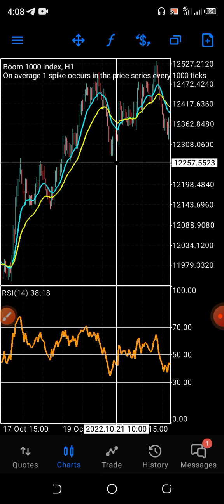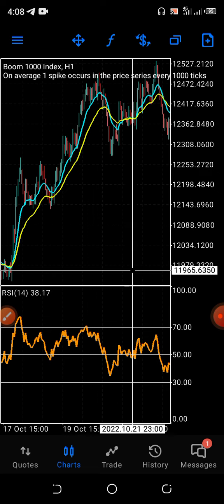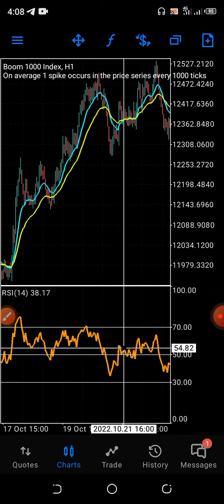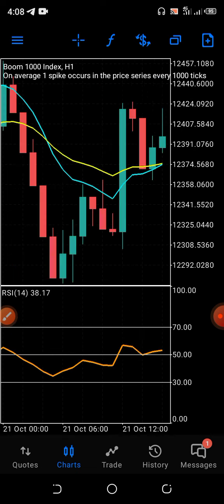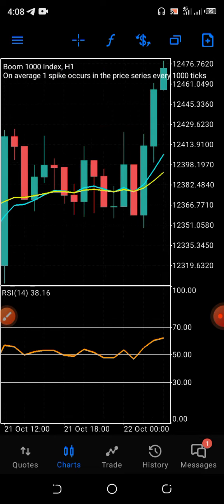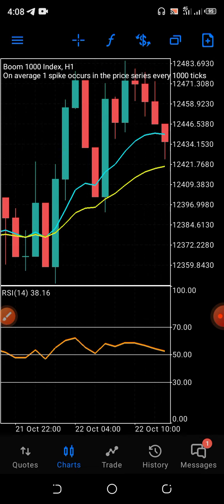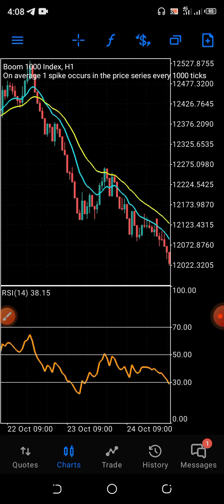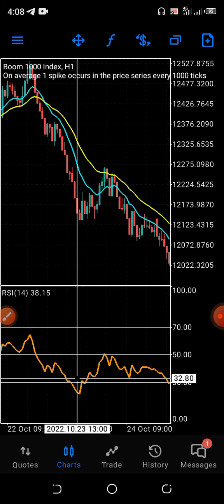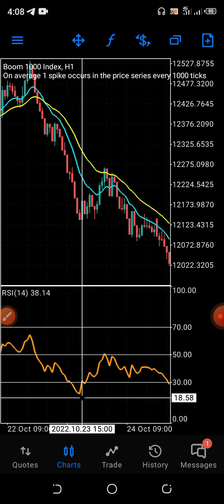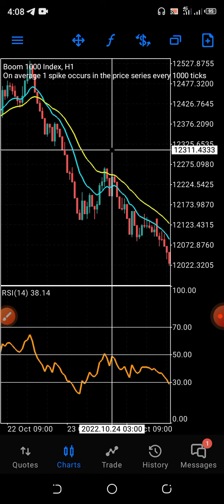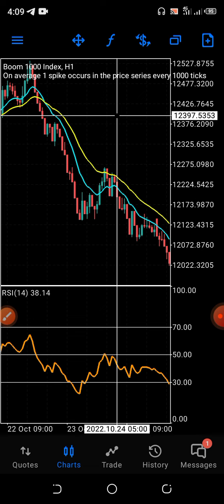But ever since this happened, everything was moving in rigorous movement, and it is difficult for a common man to trade using this. Can you see it? Now this touched 30 and crossed 30, so possibly from here it should change movement and start going up.